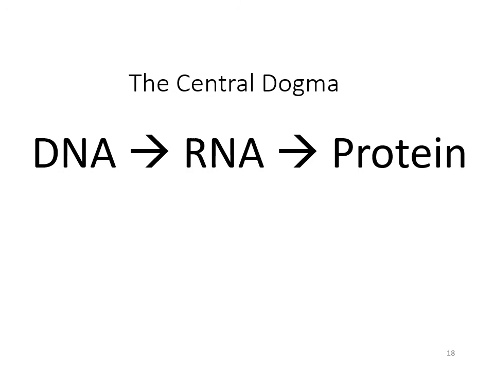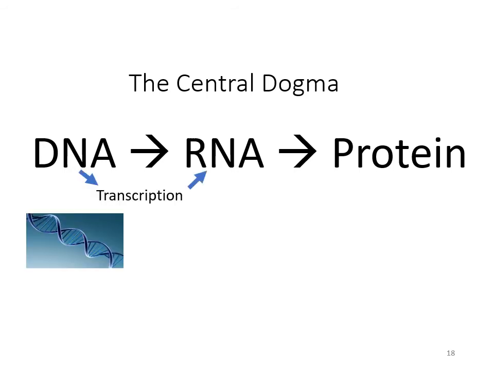All right, so we've talked about our nucleotides, DNA and RNA, and then the functional products of the cell are proteins. So DNA has the instructions for how to make RNA. We use DNA, it's read in a process called transcription, and then RNA is made from that template.